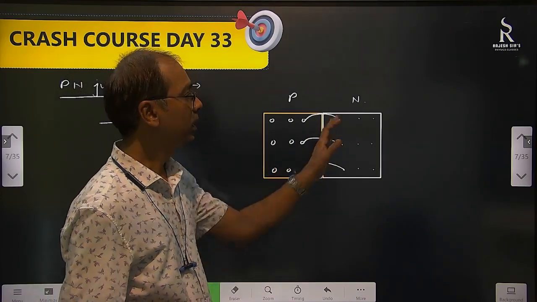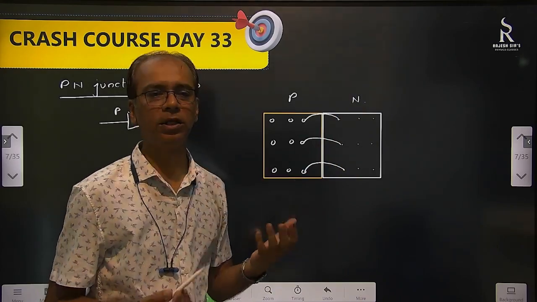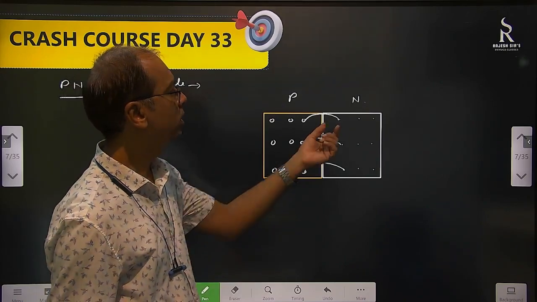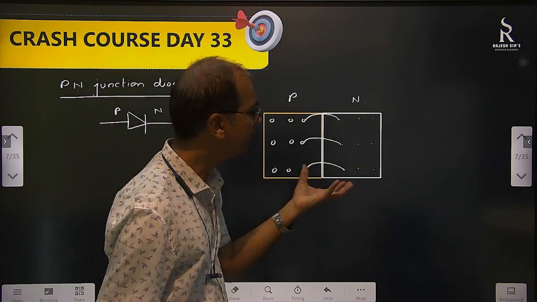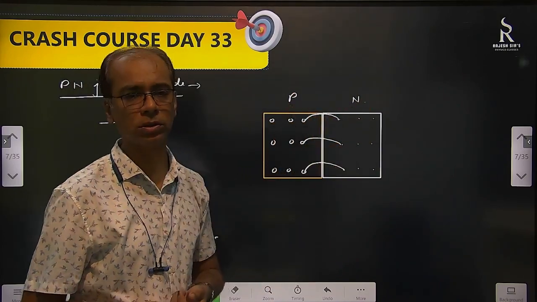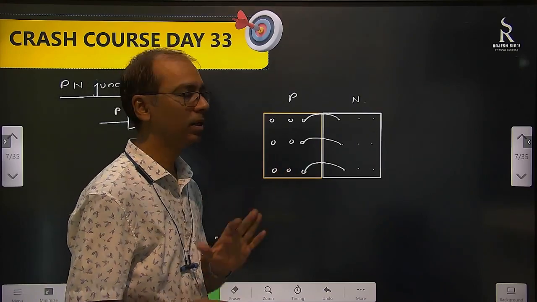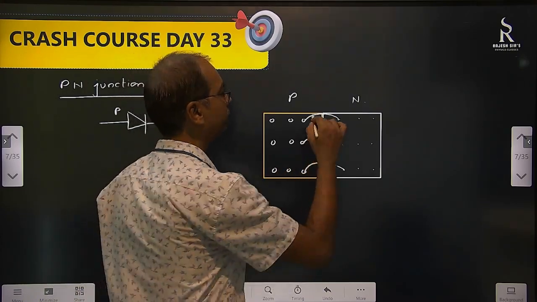But here electrons in the conduction band have more kinetic energy, so they diffuse to the P side. When they diffuse, the N-type semiconductor has lost electrons, so it becomes positive, and the P-type semiconductor has gained electrons, so it becomes negative. This is diffusion.